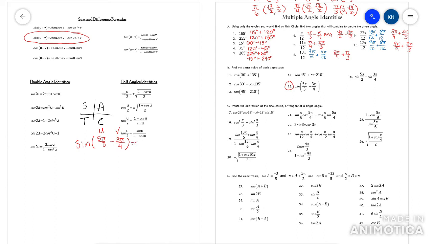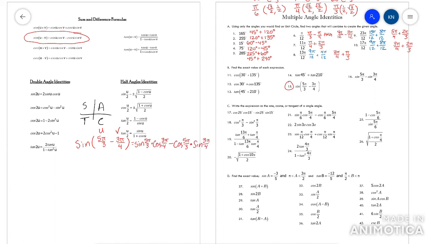So it would look like sine U times cosine V minus cosine U times sine V. Just like that.